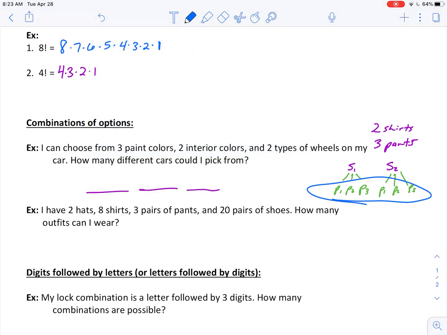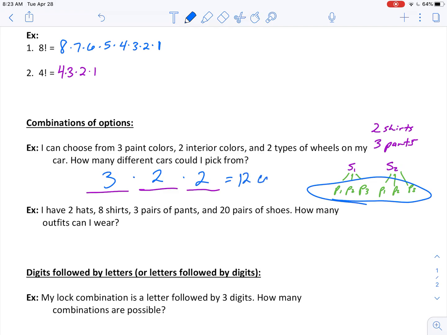Well, I could have shirt 1 or shirt 2. I could pick that out for the day. And then from that, I could have pants 1, pants 2, or pants 3. So we can see pretty quickly here that I have 6 options.